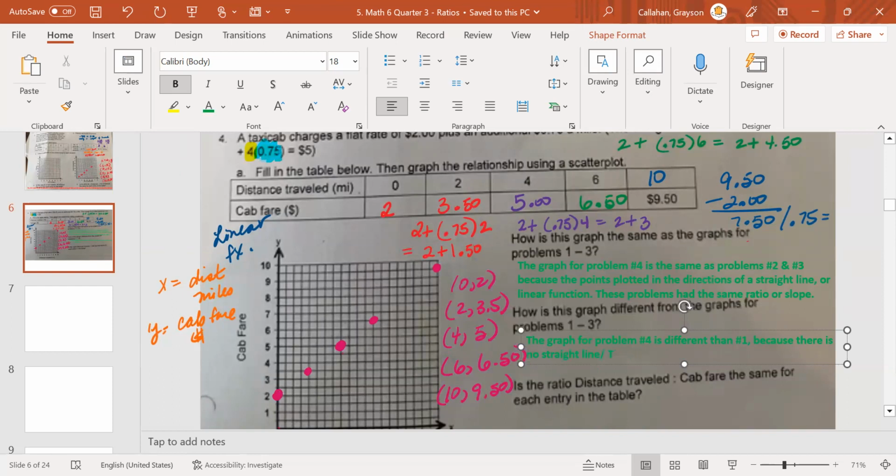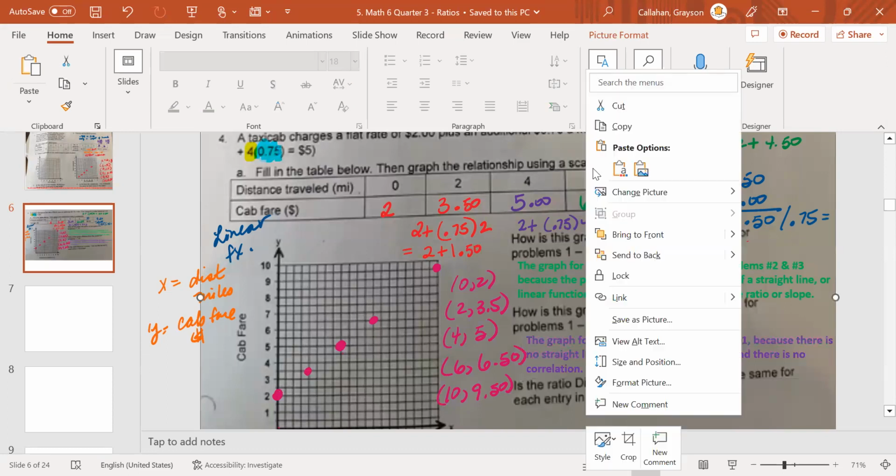The points were scattered. Okay. And there is no correlation. Correlation just means there's a relationship. Like this one has a very strong correlation. Like all the points are in that line, right? Okay.